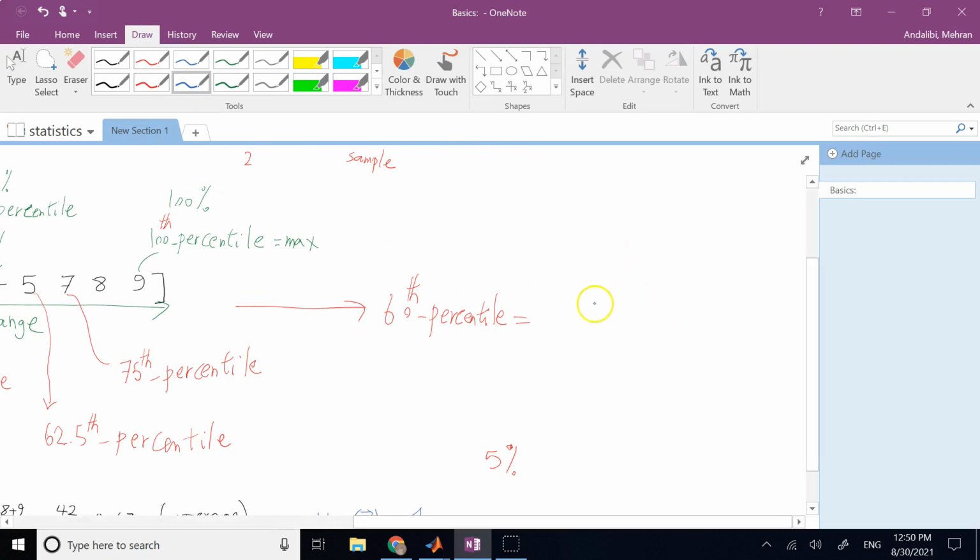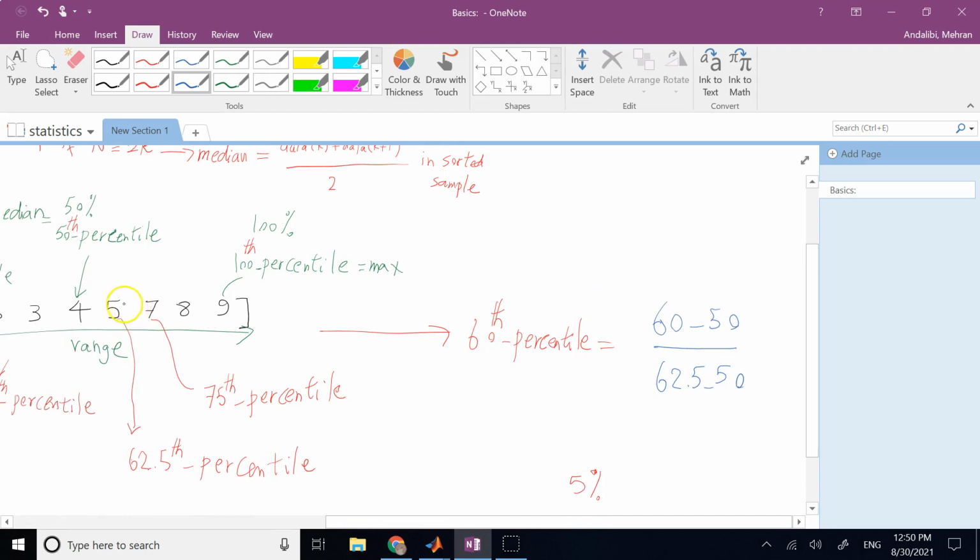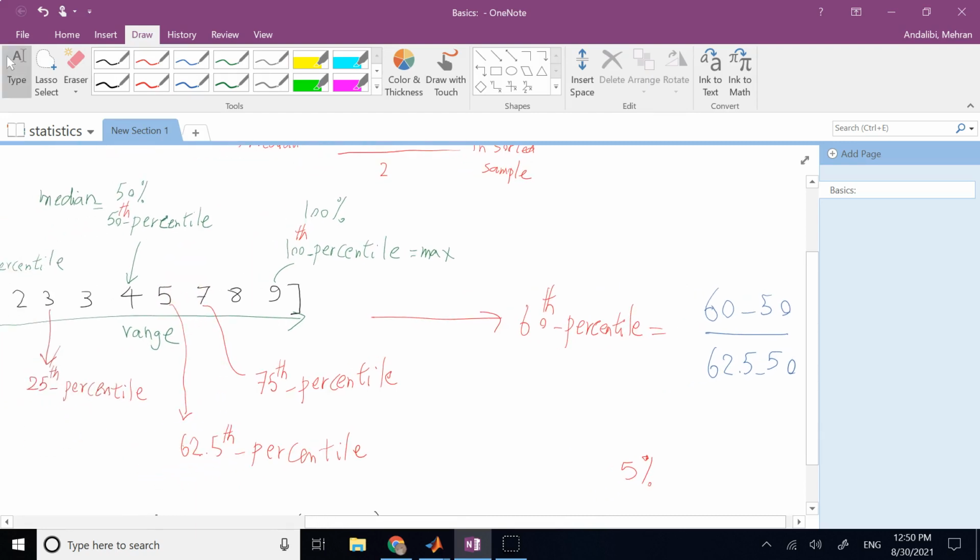You say, well, it is equal to 60 minus 50 divided by the whole range, which is 62.5 minus 50. Correct? This is the proportion of the percentile between the 60th to 50 and then the 60th to 62.5, because 60th is somewhere here, right? It's between 50 and 62.5.